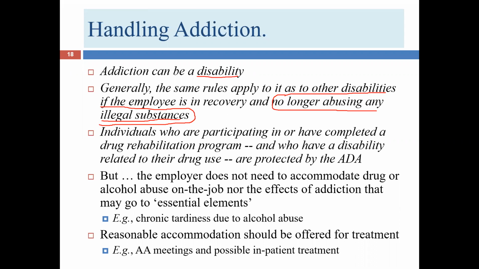And in that situation, whether you're an alcoholic or a drug abuser, if you're in recovery, you're going to be considered disabled. In many cases, the disability that needs the accommodation is going to be something like time off for treatment, for example, attending AA meetings, or perhaps not being required to serve alcoholic beverages.